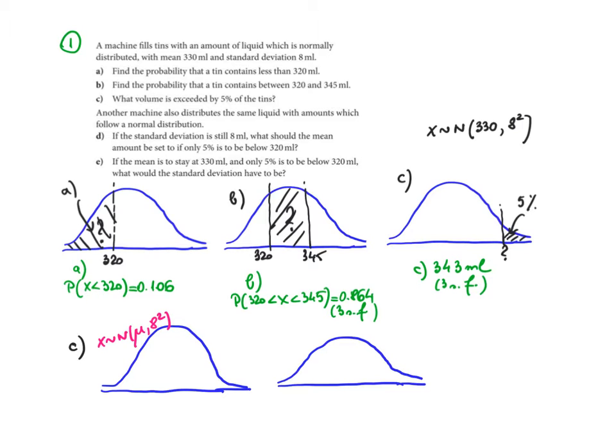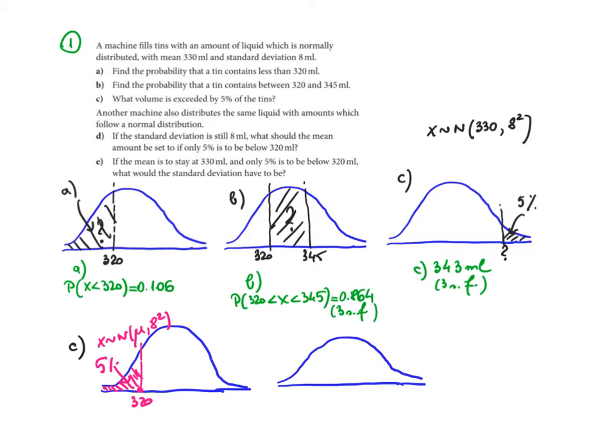We know that only 5% are below 320. So if this will be 320, we know that 5% would be here. Probably 320 is a bit to the left, if I'm to be more accurate, because this looks more than 5%. With this information, I'm asked to find the mean.